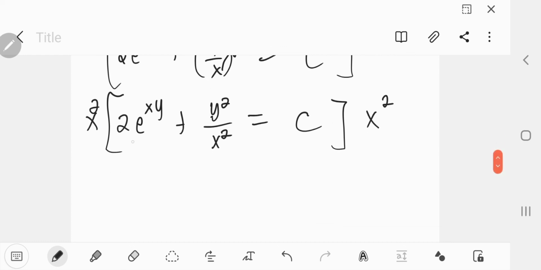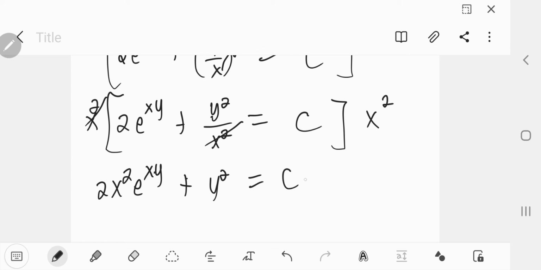So we have x squared times 2 e raised to the xy. So we have 2 x squared e raised to the xy. And now we have cancellation. So we have plus y squared is equal to c x squared. So this is the final answer.